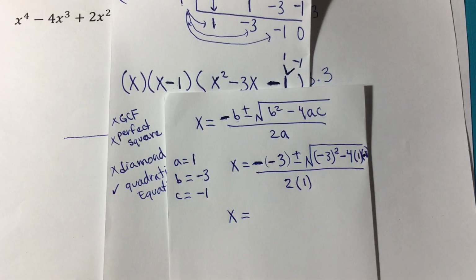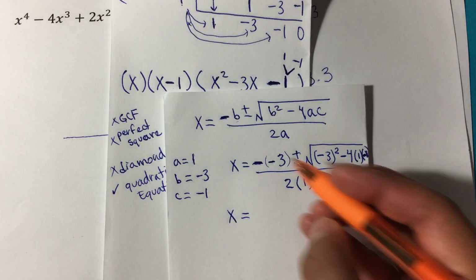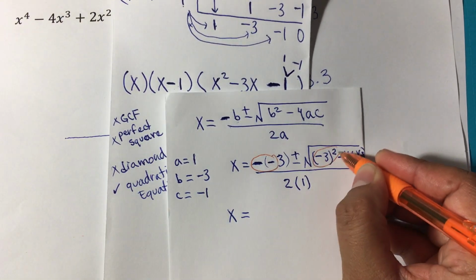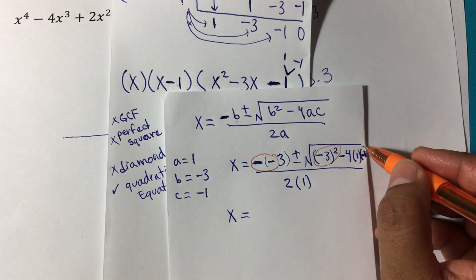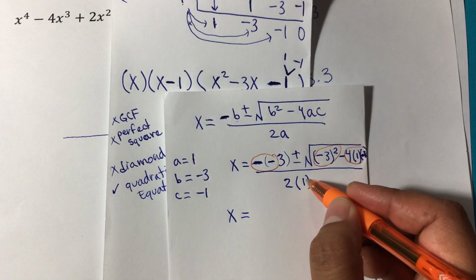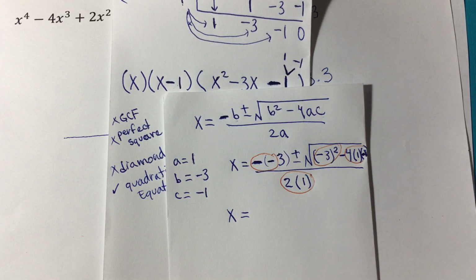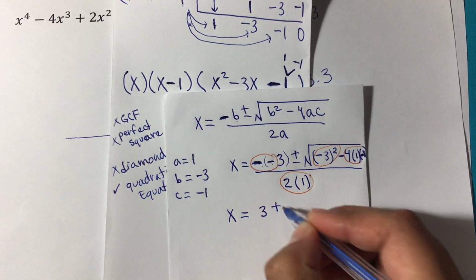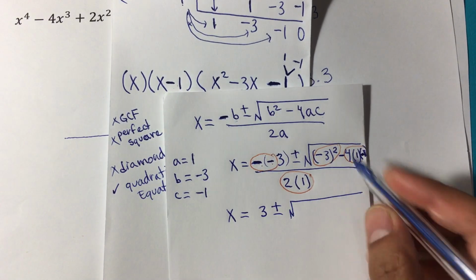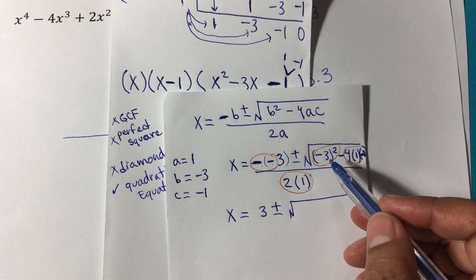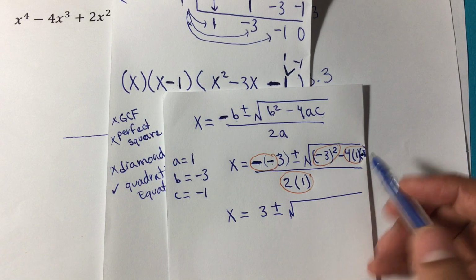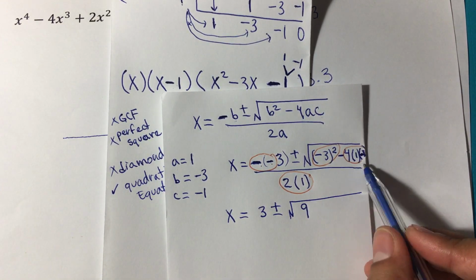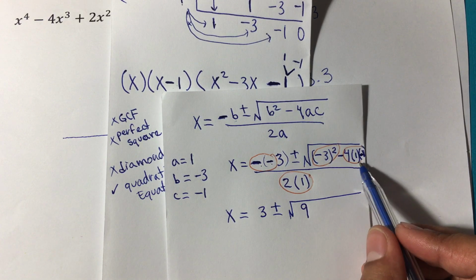Then we start simplifying each part. The things that I can do at the same time are these negatives. I can also raise this to the second power, and I can do this multiplication and this multiplication in this step. So negative times negative becomes +3 plus minus the square root of. I can simplify (-3) squared. It means -3 times -3 is +9. In here, I'm going to multiply all three factors.